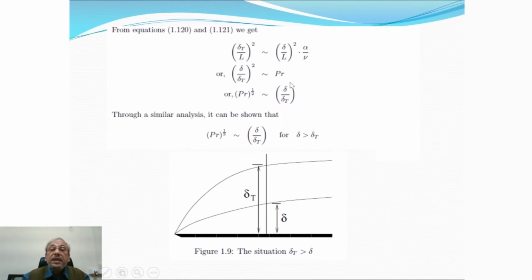When delta T is greater than delta, Prandtl number to the power half is proportional to delta by delta T. Thermal boundary layer thickness is greater than velocity boundary layer thickness.